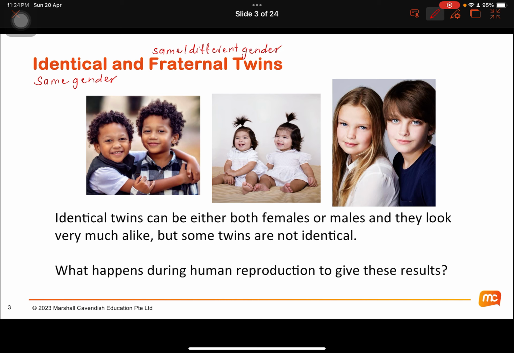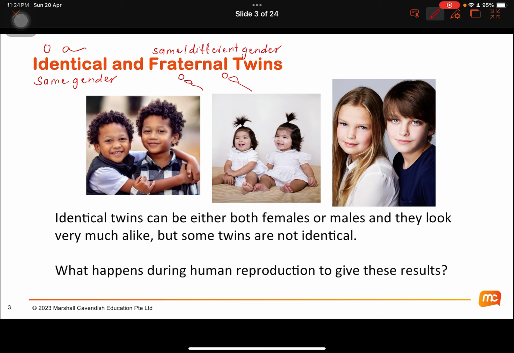This is because of the way that twins are formed, and I believe you recall how it happened for identical twins: one egg, one sperm. But for fraternal twins, it's two different eggs with two different sperm. So as a result, you can see that they have very different features.